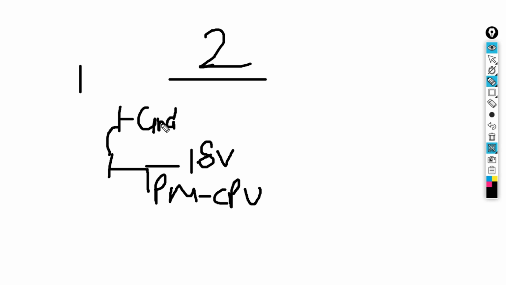Clear? So your 1.8 will be 0 volt. When the voltage connects with the ground, automatically the whole voltage will be 0, a ground. So first there is 1.8 volt without SIM. Remember, after inserting the SIM, there is 0 volt.